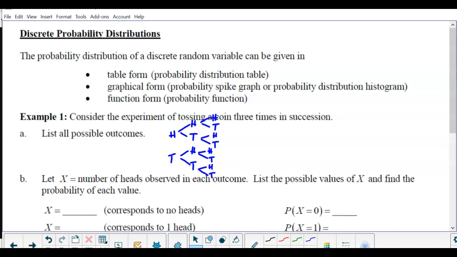If I write it out: 3 heads, 2 heads and then tails, heads tails heads, heads tails tails, and then from the other one, tails heads heads, tails tails tails.